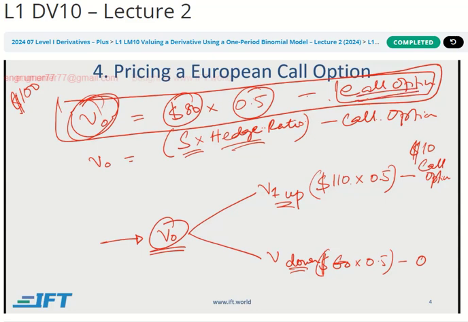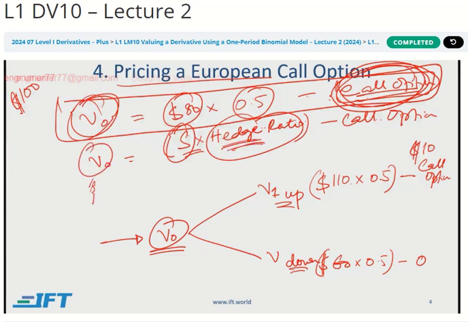And that is how the pricing of the call option is done. We know the spot price, we figure out the hedge ratio, which is something I will teach you next, and then we figure out the value today, and then we plug this value in, we plug this value in, and we calculate the value of the call option today, because this whole exercise is being done to price a European call option.